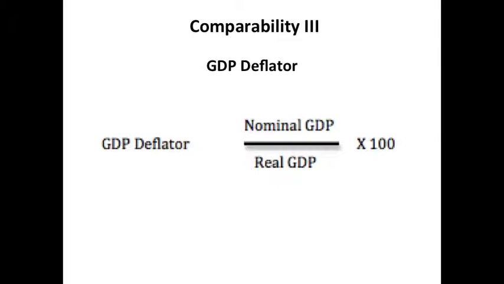Another aspect of comparability is simply something you can calculate, namely the GDP deflator. You permanently need it, meaning you have the clearance, if you want.